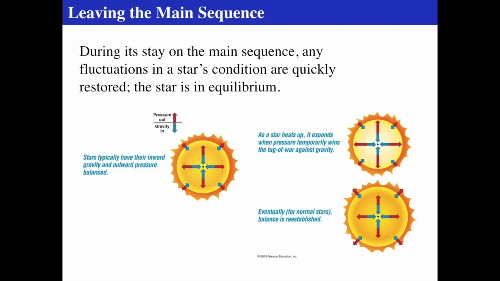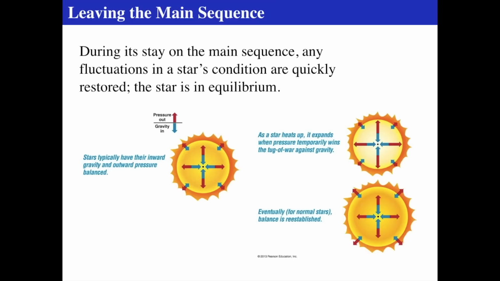But when it starts to run out, that's what we call leaving the main sequence. On the main sequence, there are two things that are always in balance. One, there's a gravitational pull that's pulling the star together, and it's balanced by the outward pressure because of the heat from the center. So we have to remember the balance. If it heats up a little bit, the star will expand.